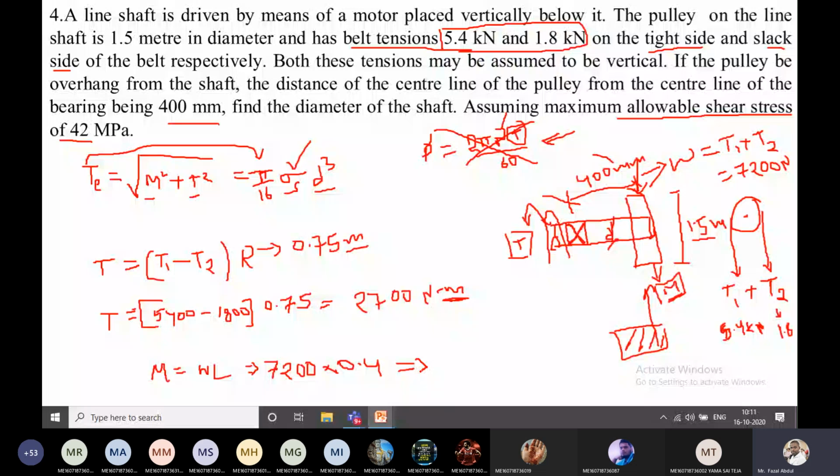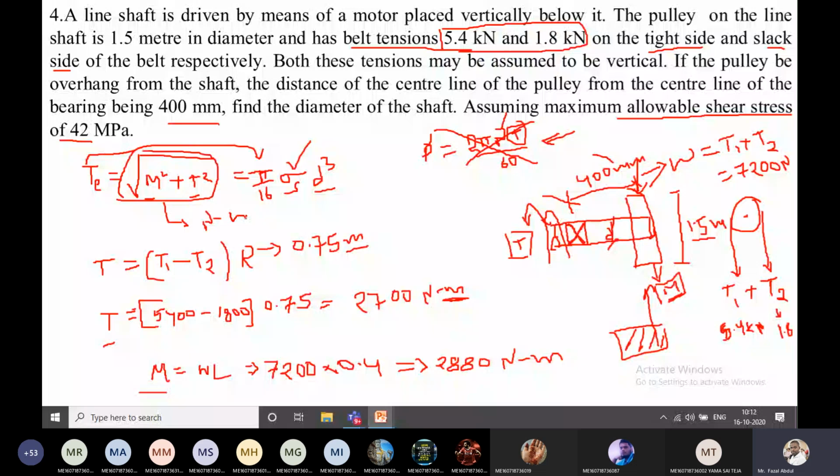Substitute this T value and this M value in the above equation. After substituting, you will get the answer in terms of Newton meter. Convert that into Newton mm.